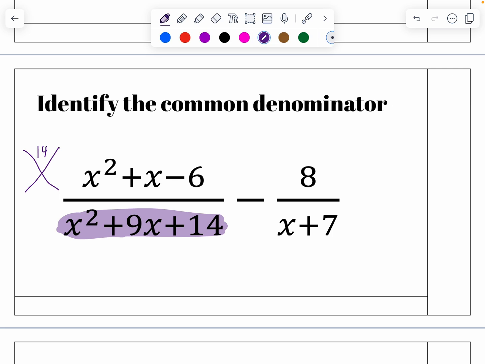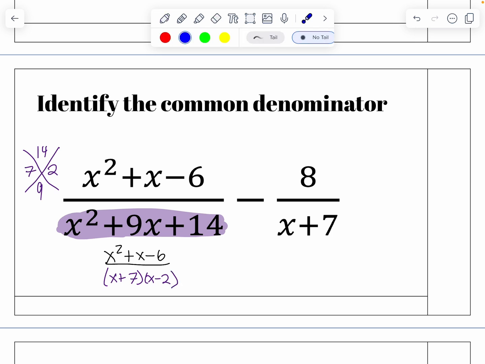So I have a 14 and a 9. I want to multiply to 14 and add to 9, so 7 and 2. So now my fraction, I'm not going to big X that top part just yet. And divided by x plus 7 and x minus 2, okay?